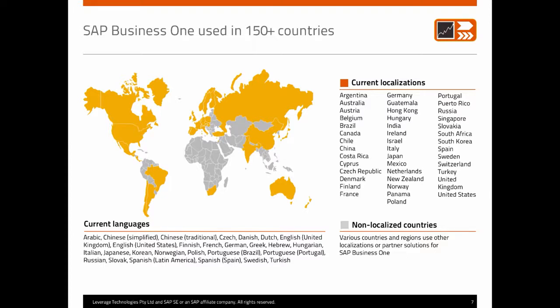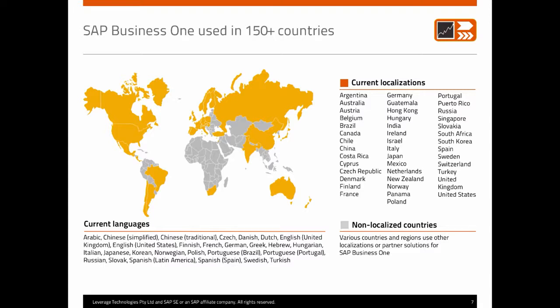And then, of course, we have a number of what we call non-localized countries, where that country uses a localization or a partner solution specific for SAP Business One. Take Thailand, for example. In Thailand, they either use the Singaporean localization or the Australian localization, depending on what the company requires.